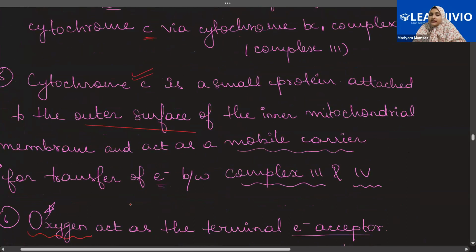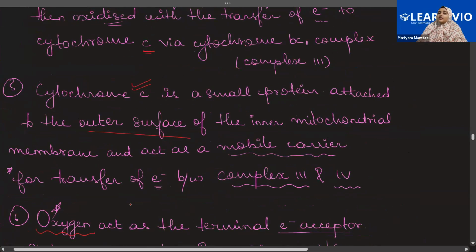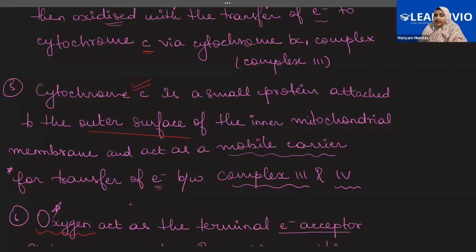Also, talking about cytochrome C, it is a small protein attached to the outer surface of the inner mitochondrial membrane, and it acts like a mobile carrier. Imagine it like a toy car moving between complex 3 and the last complex. So it takes the electrons and moves to and fro between these 2 complexes.